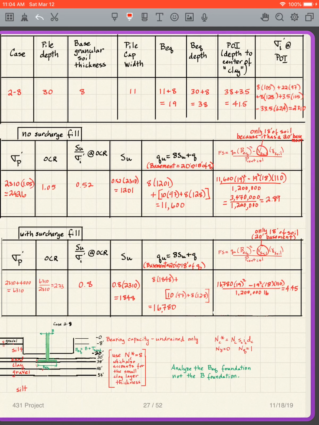And this is still the same. I take the 16,780, I plug it in there. And of course, again, I'm still using the center column load, which is 1,200,000 pounds. I end up with a factor of safety of 4.45.